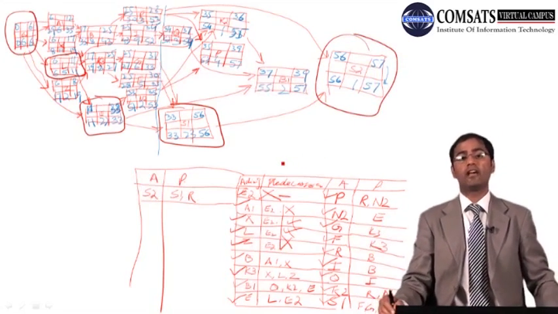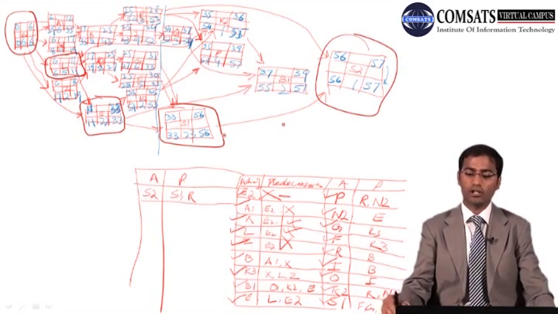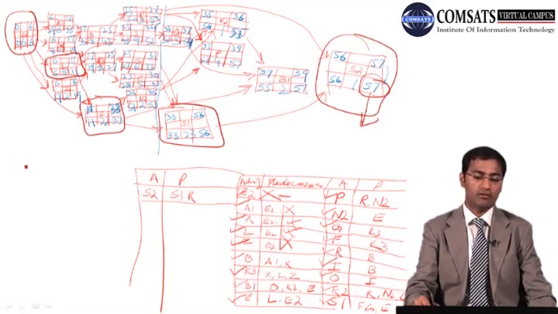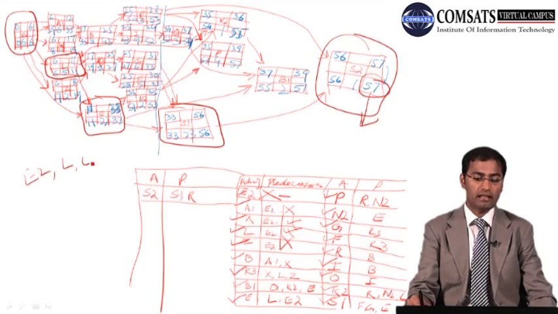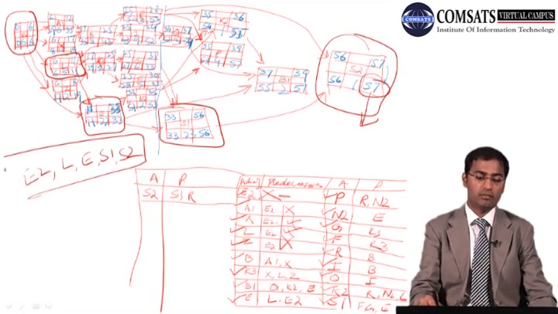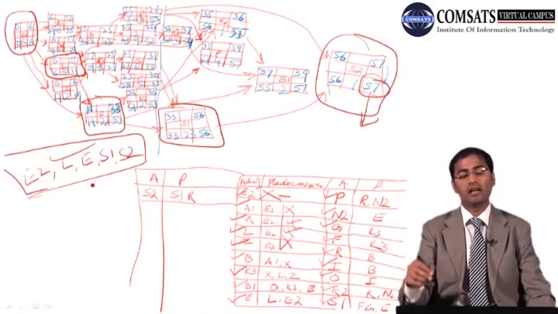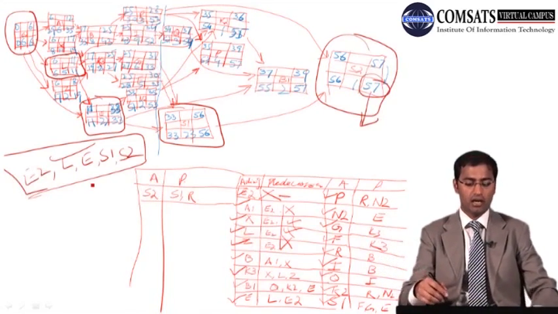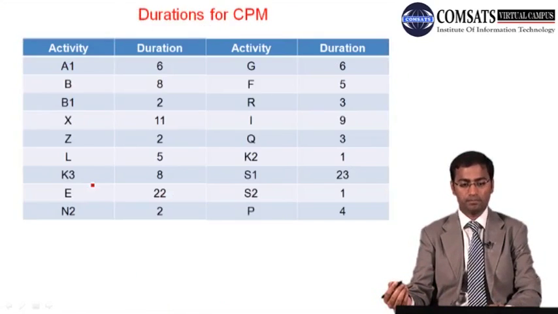So as far as CPM is concerned, we have a total duration of 57, and our path of E2, then L, then E, then S1, S2 is on the critical path. This is a good example of how we complete our critical path.